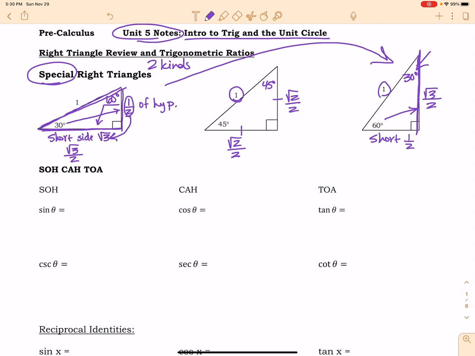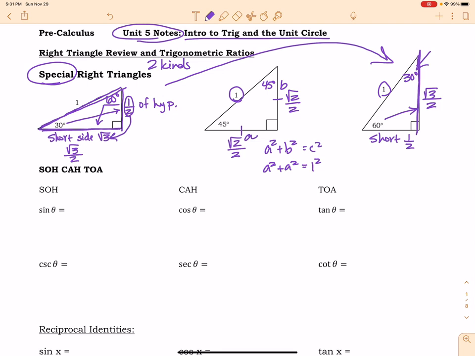The Pythagorean Theorem is always a squared plus b squared equals c squared, and c is always the hypotenuse. In this particular case, if my hypotenuse is 1, then I've got 1 squared here. And if this is side a and this is side b, and they're the same, then technically I've got a squared plus a squared.